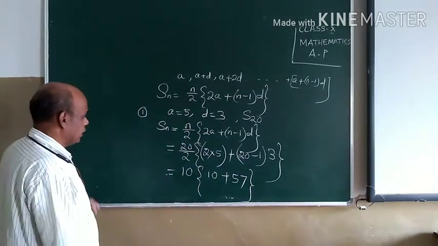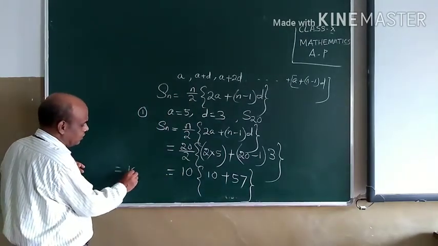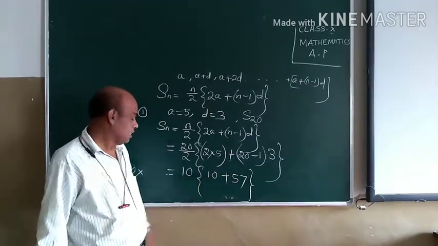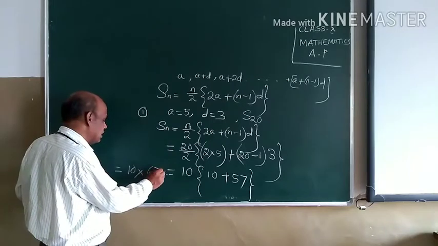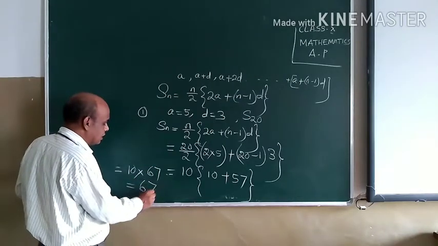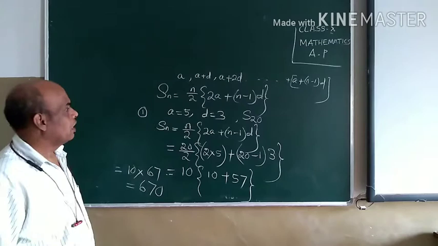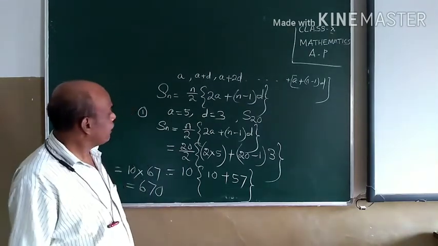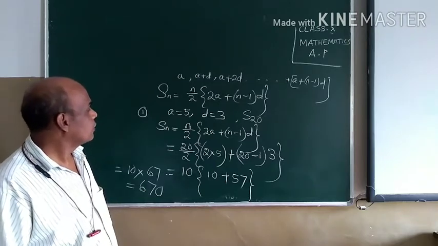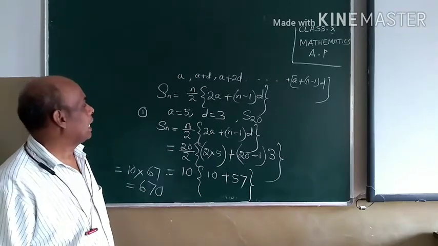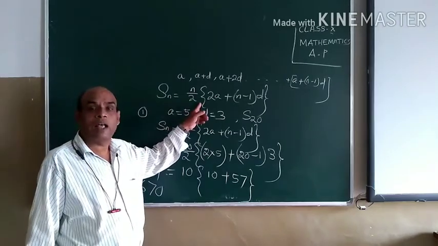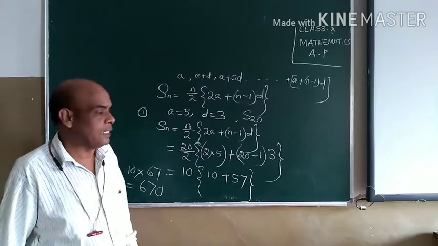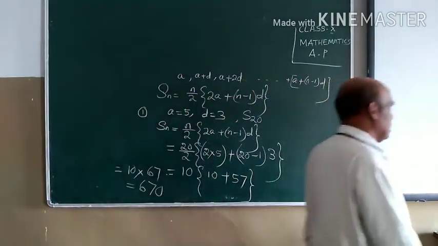So we got 10 into 57 plus 10, that is 67. So the answer is 670. In this way we can do the numericals by putting in this sum formula, n by 2 into (2a plus (n minus 1) into d). Suppose we see another question.